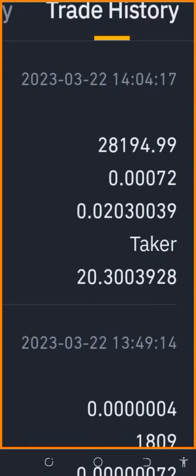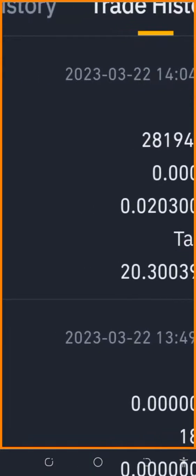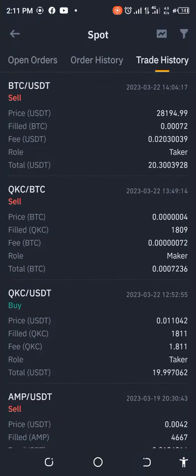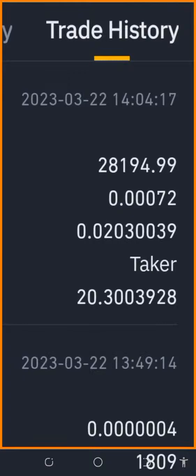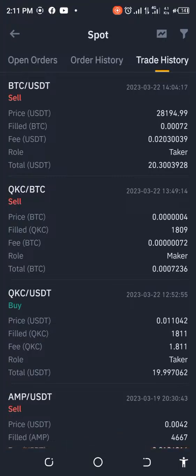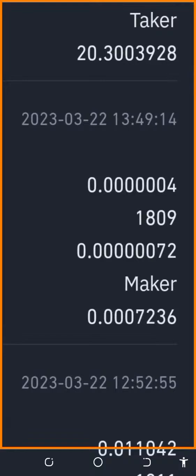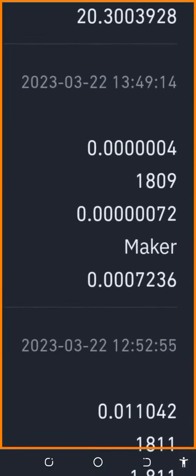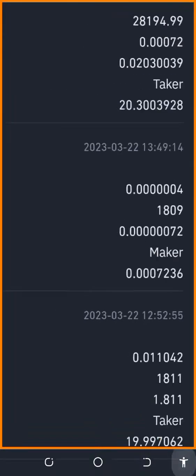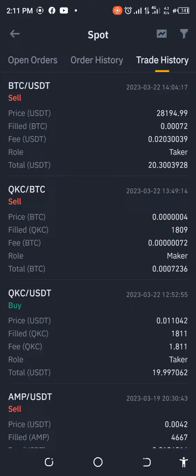Interesting. We got 20.30. But don't forget that they will take out, well, I don't know, they're not going to take out any fees. I'm just wondering why. Okay, yeah, that's the truth. We had 20.30 here, but don't forget that in the process, we actually paid fees for QKC BTC. Did we? Yes, we did pay a fee. That's the amount of fees, as you can see there, 0.000072. But we didn't pay any fee.